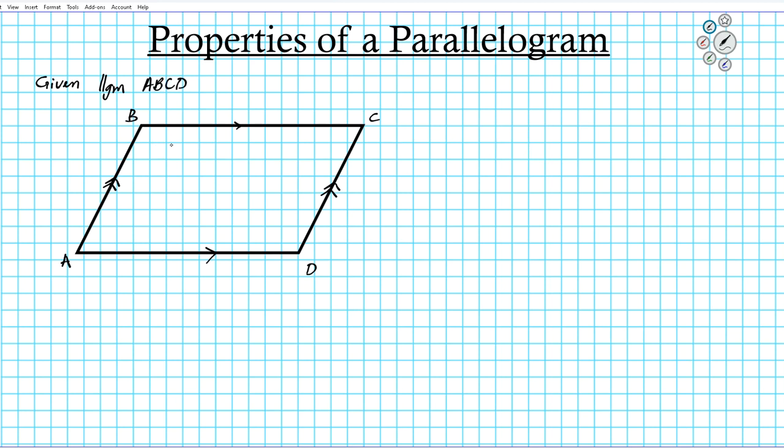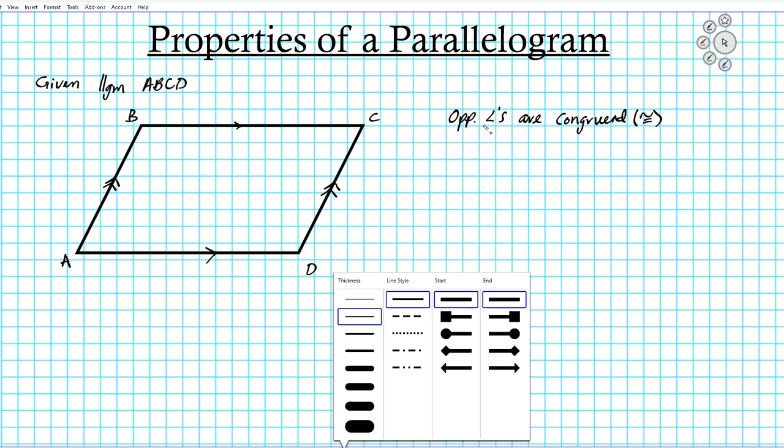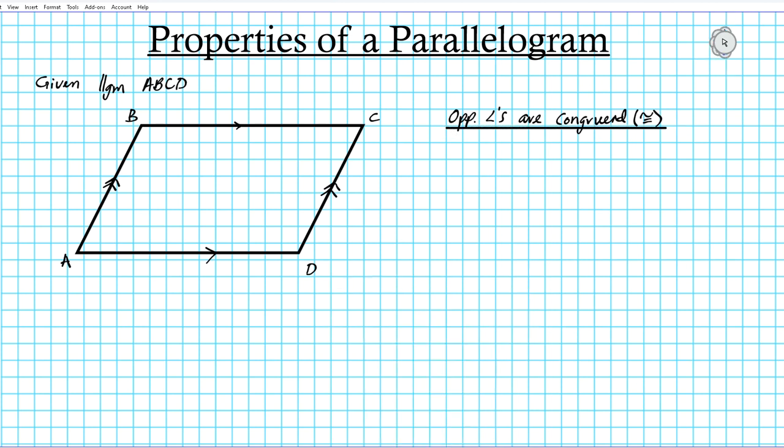How about the angle relationship? For all parallelograms, opposite angles are congruent. Based on that piece of information, what can we write down concerning parallelogram ABCD?